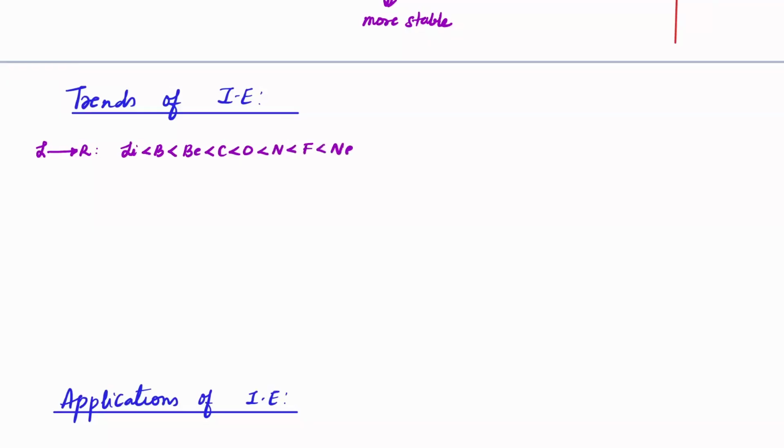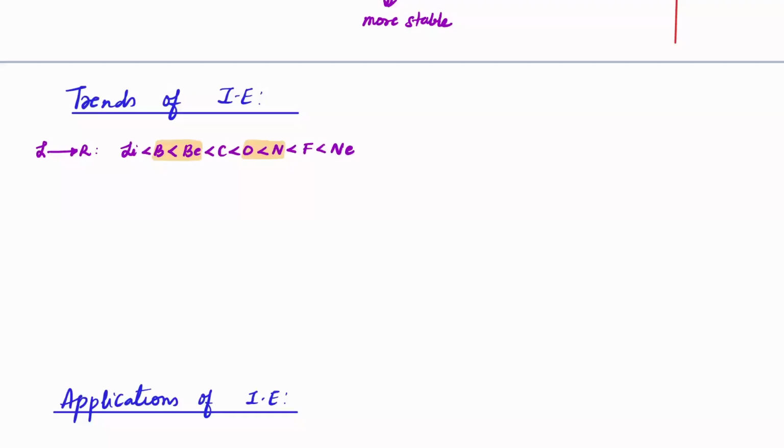This is the trend it will follow. Where has the change appeared? Beryllium and boron. We expect boron to be more, but beryllium is more. I just explained the reason. We expected oxygen to be more, but nitrogen is more. I just explained why that is.